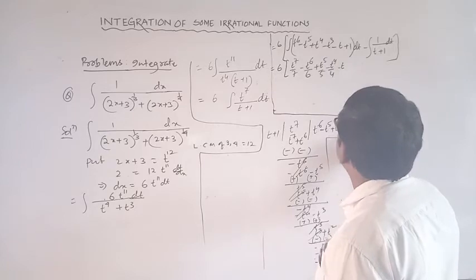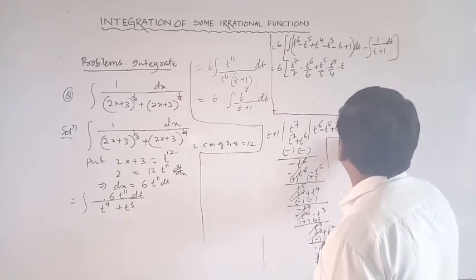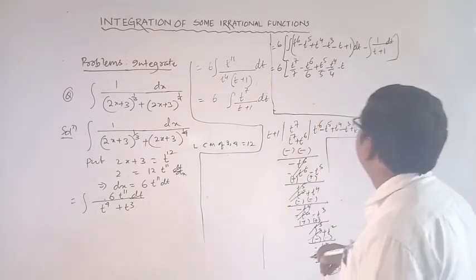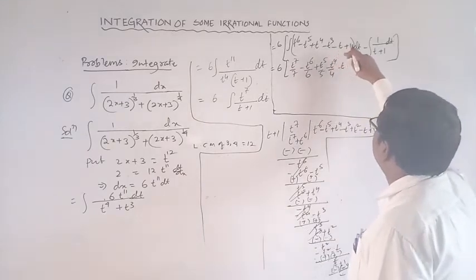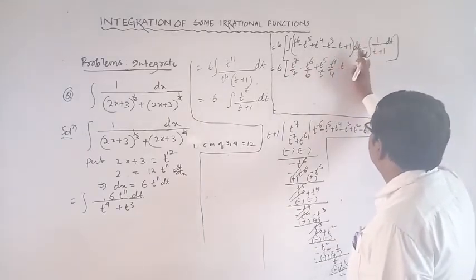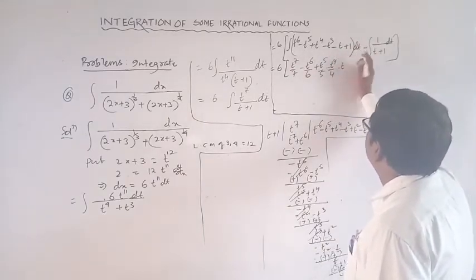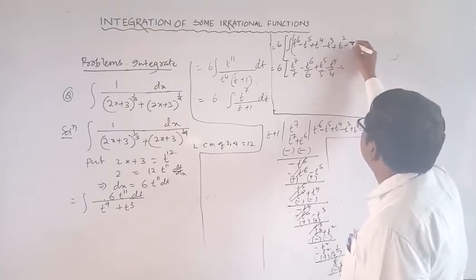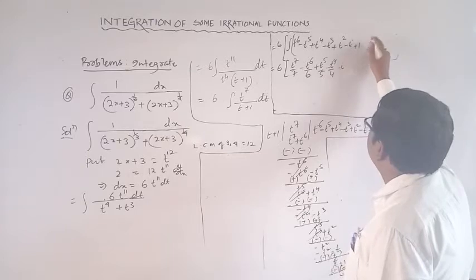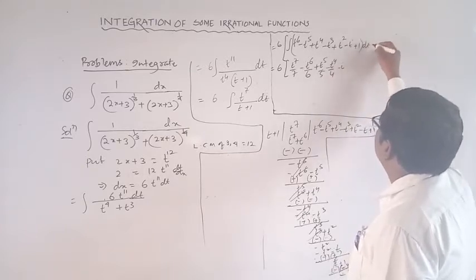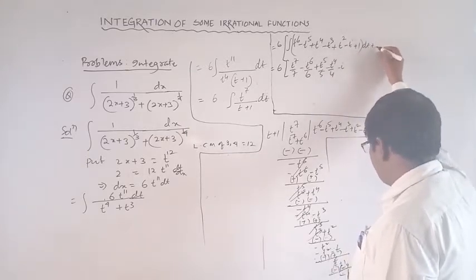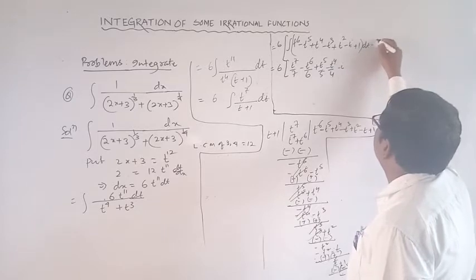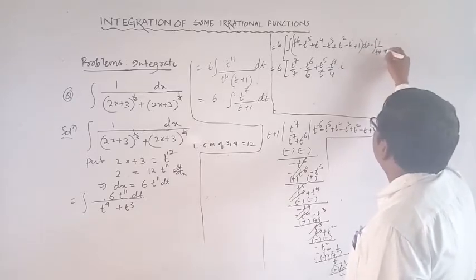This is t square, and this is one term remaining here, that is t^6, t^4, t^3, and this is plus t square. Okay, plus t square minus what? t plus 1 dt plus minus 1 by t plus 1 dt.